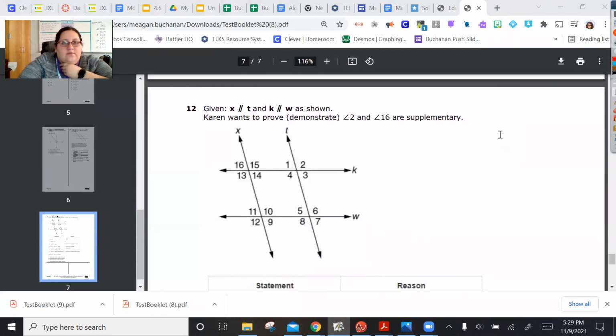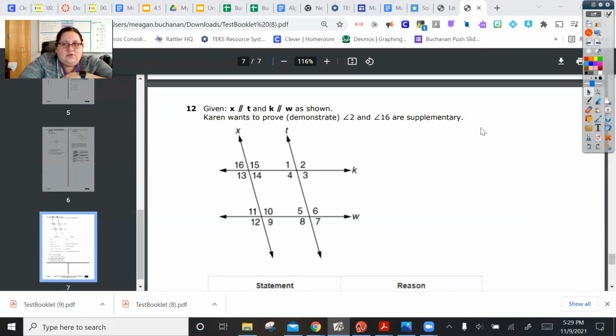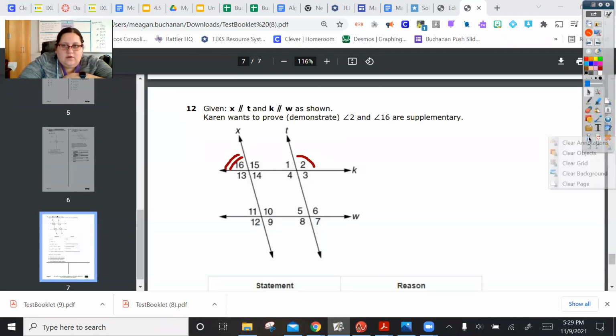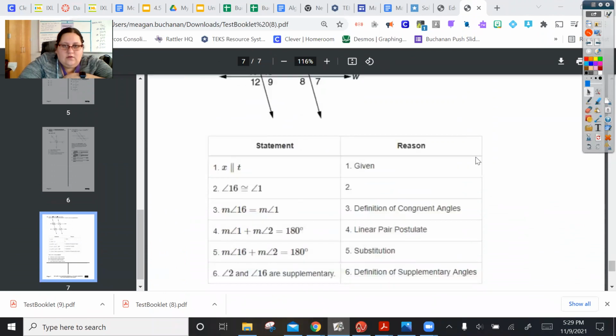Given X is parallel to T and K is parallel to W, Karen wants to prove that angle 2 and angle 16 are supplementary. So keep in mind, this is 2, and we want it to be supplementary to this one here. Now that we know that, we want to figure out what can make that happen. Those marks are about to go away because I've got to scroll down.